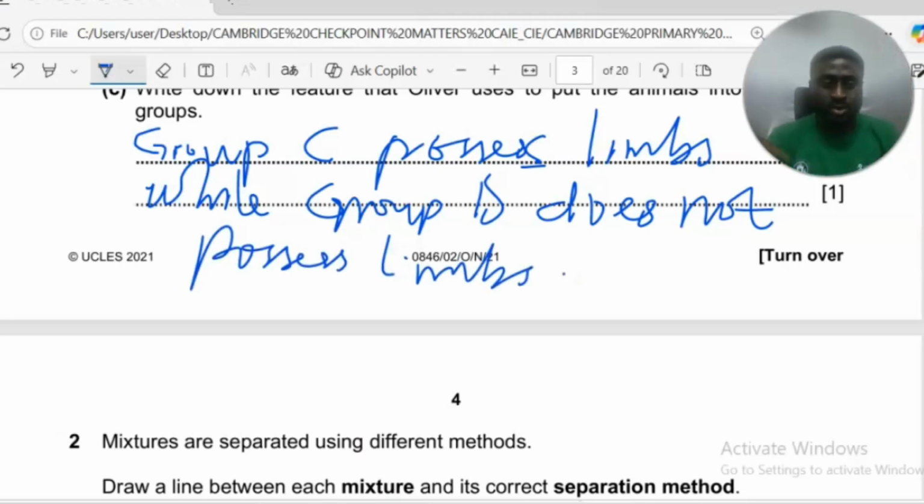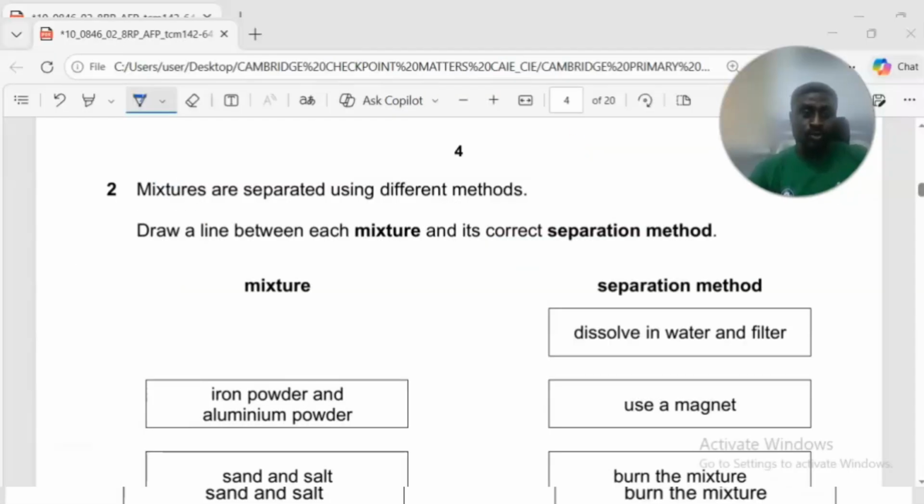If you do this, you earn the 1 mark. You can also come in to say group C has legs, group D does not have legs, and so on and so forth. Question 2.